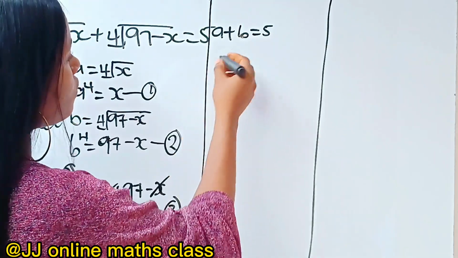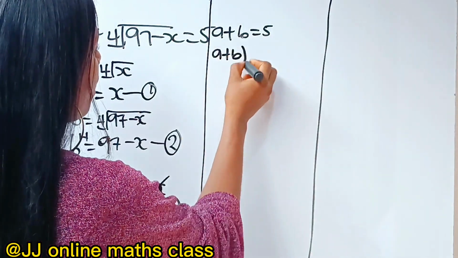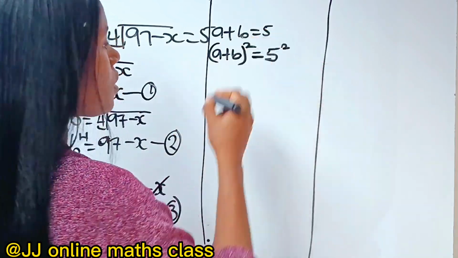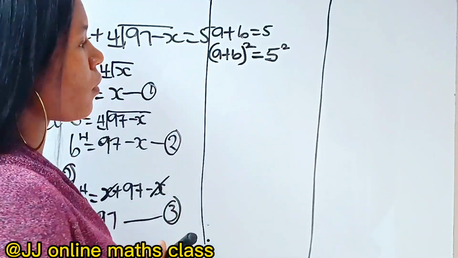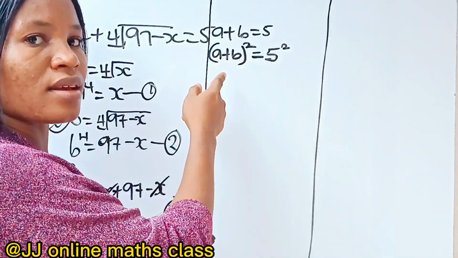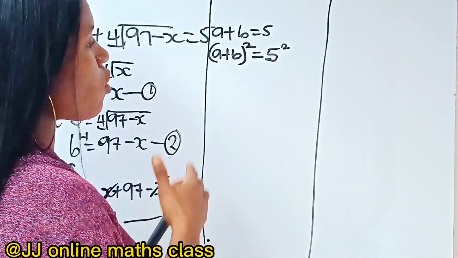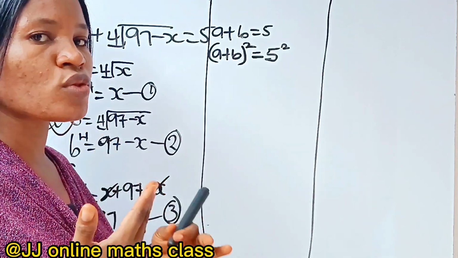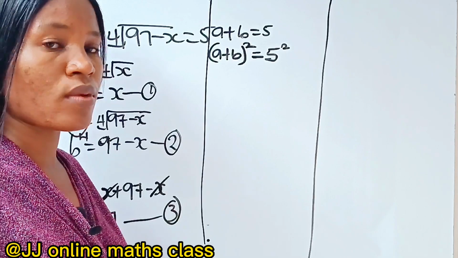All right. So let's do it the first time. A plus B all squared is equal to 5 squared. Now we all know this algebra identity, right? Whereby A plus B squared will give you A squared plus 2AB plus B squared, right?